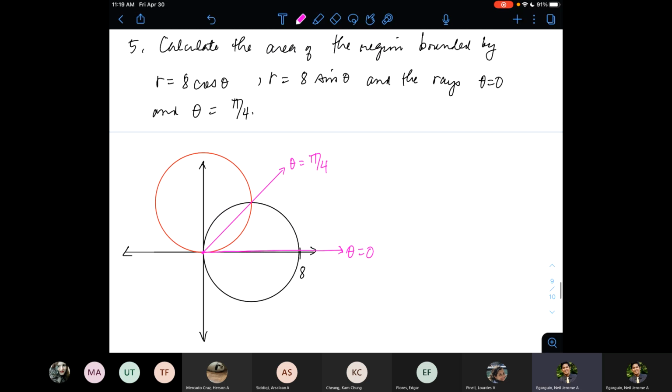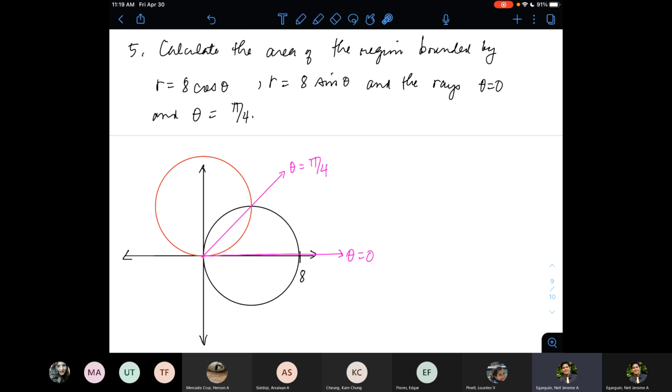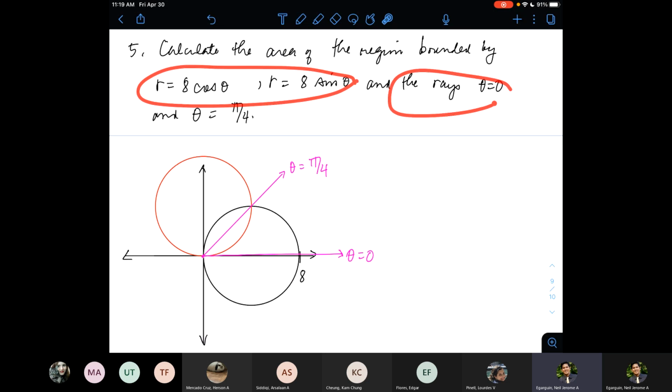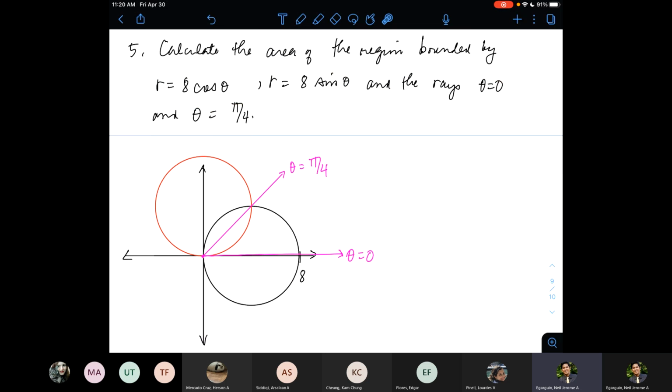Okay, so now let's identify what is the region. The region is said to be bounded by the 2 circles and the 2 rays. So basically that would be, why do we have pi over 4?